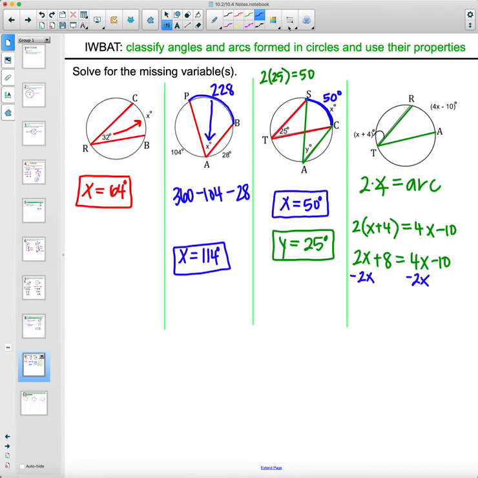So I'm going to subtract 2x from both sides. So 2x minus 2x is 0. So 8 equals 2x minus 10. Add 10 to both sides, and we get 18 equals 2x. Divide by 2, and you get x equals 9.